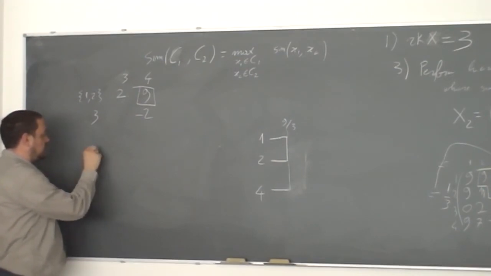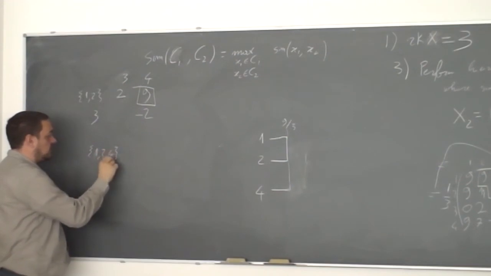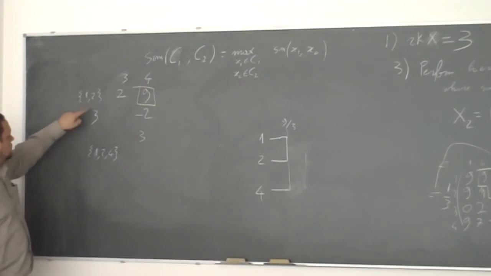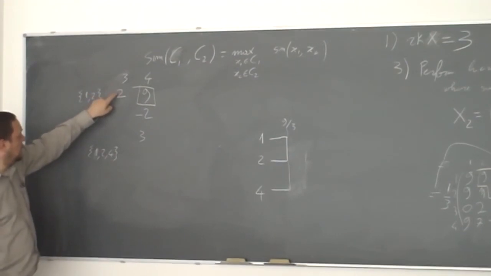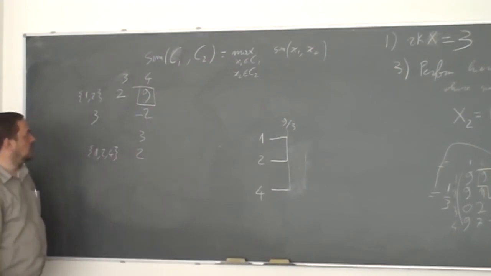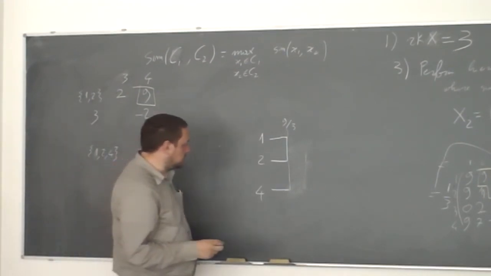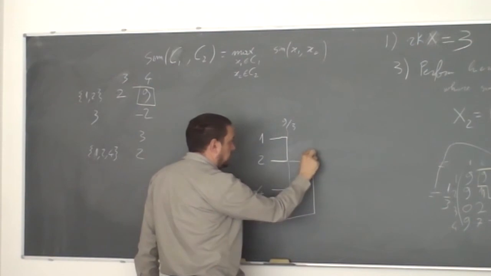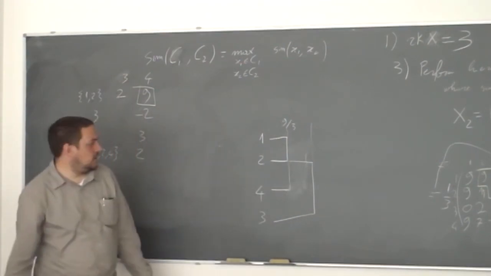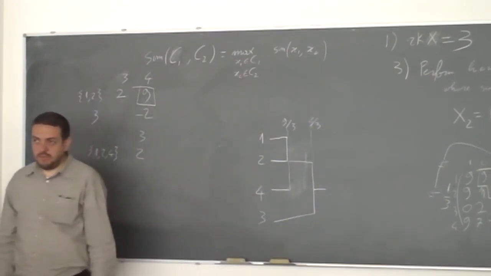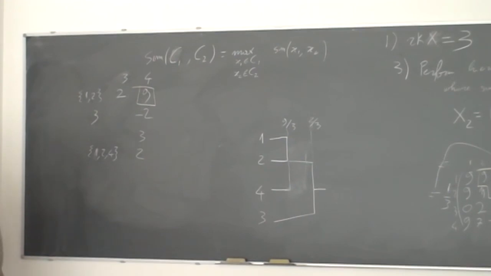And of course, the similarity now between the cluster 1, 2, 4 and the singleton 3 is the largest between the similarity between 1, 2 and 3 and the similarity between 4 and 3, so it's 2. So now 3 can join everything in a common cluster at 2/3 similarity. And this is the resulting diagram.